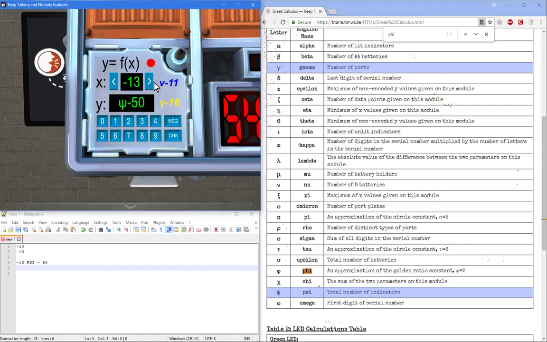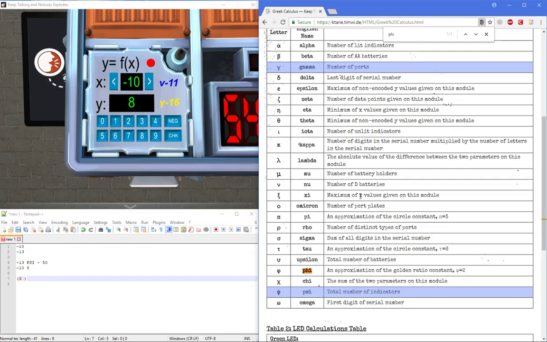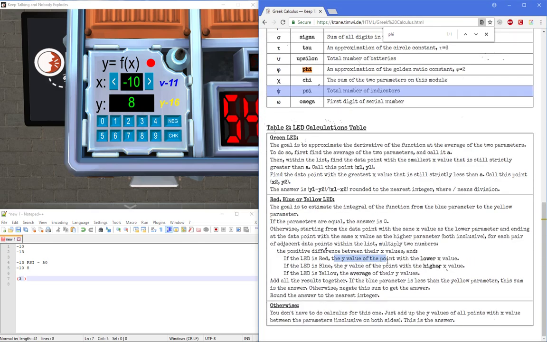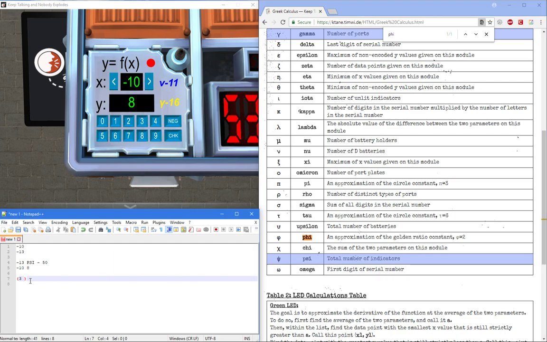And negative 10 is negative 10 and 8. So the difference between the two is 3. Since it's red, we take the y value with the lower x value. Psi was 1, because psi was total number of indicators, so that's going to be times negative 49.